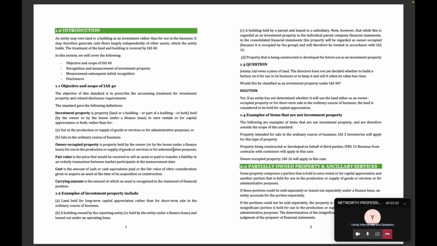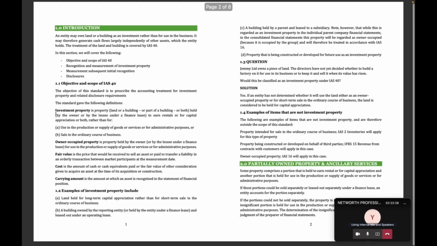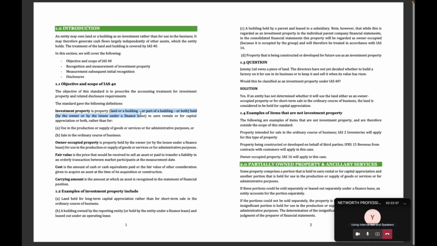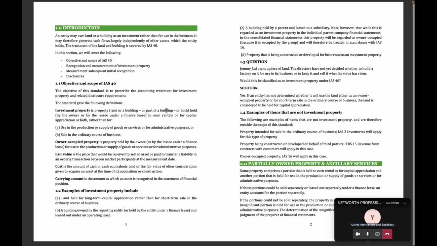According to IAS 40, if you look at this definition here, it says that investment property is a property that is land or building or part of a building or both. That's the first interesting thing about an investment property.